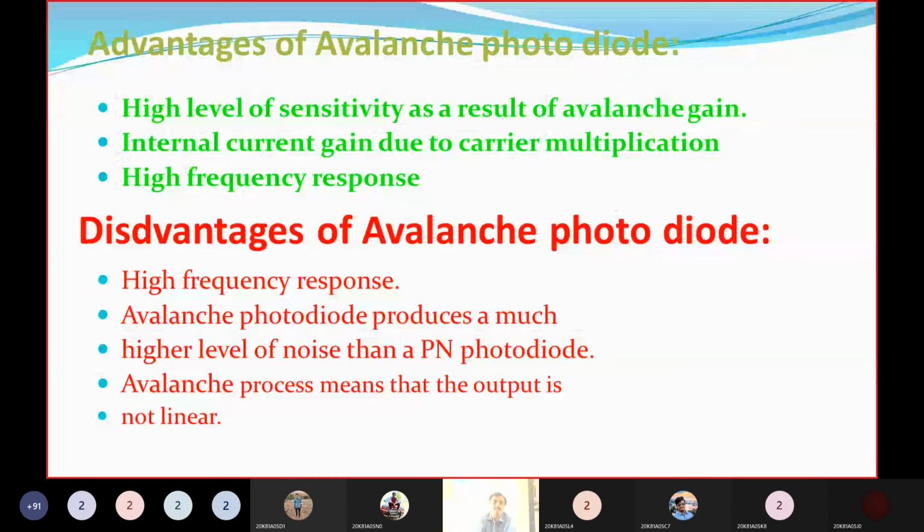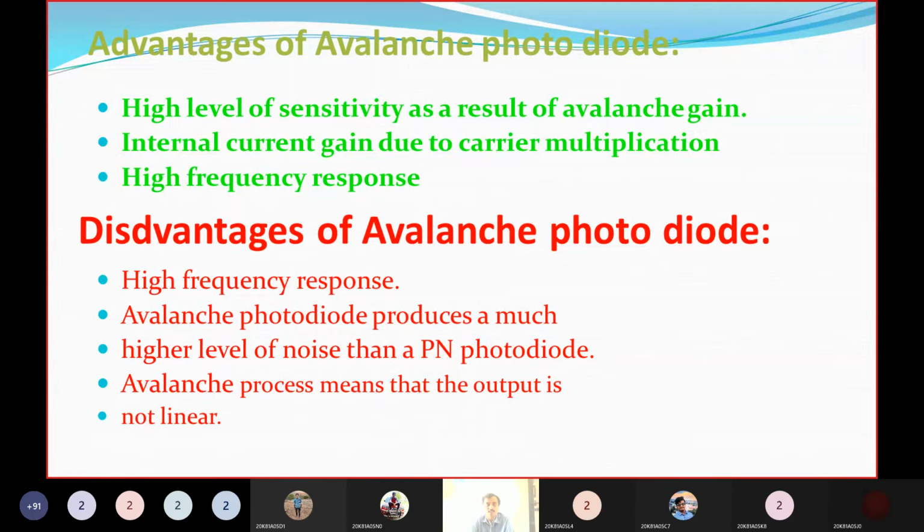Here there is a high level of sensitivity as a result of avalanche gain. Sensitivity is very high, and there is internal current gain due to carrier multiplication.